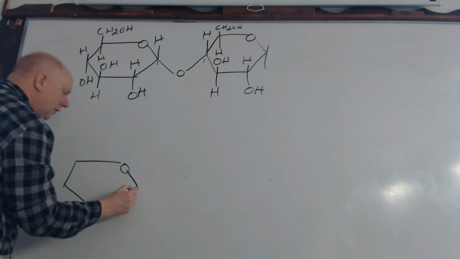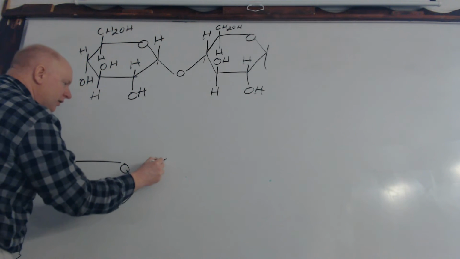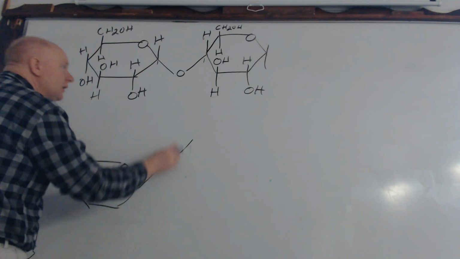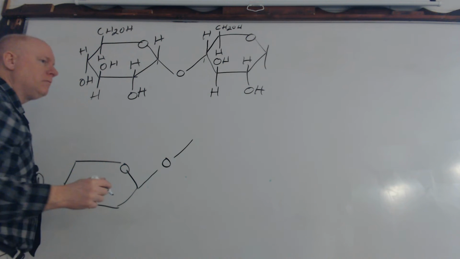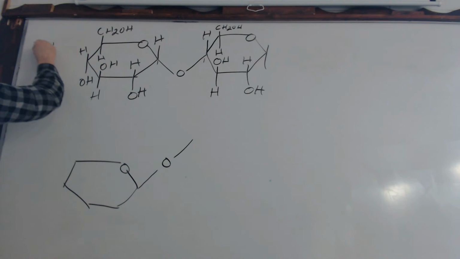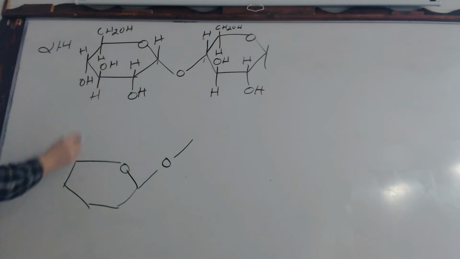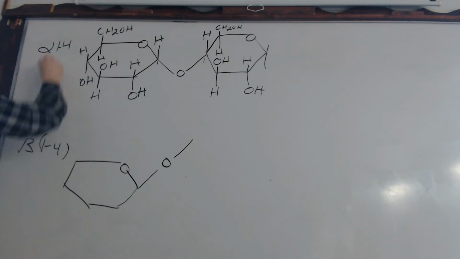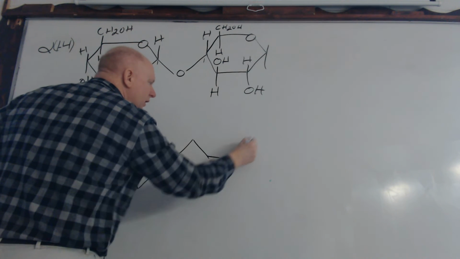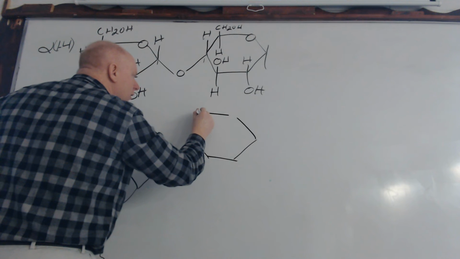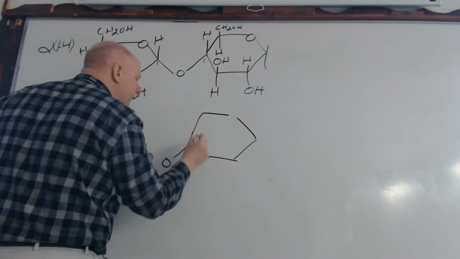So what do you suppose we're illustrating when we do this instead of that? Yeah, so this is an alpha 1,4, where this is a beta 1,4. Again, this is a little more tricky to draw.